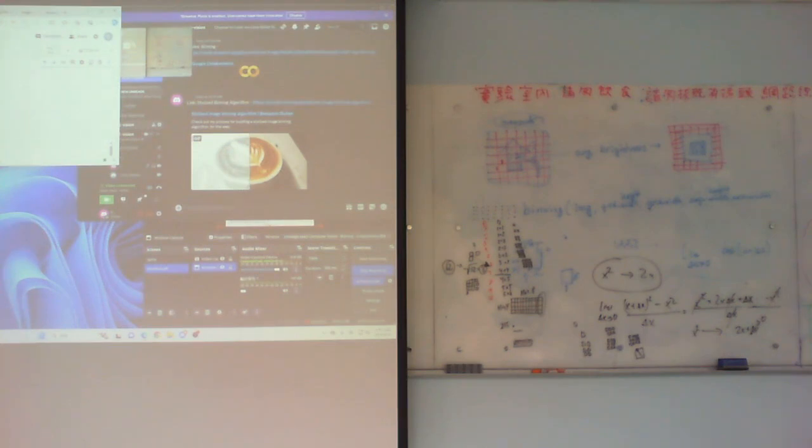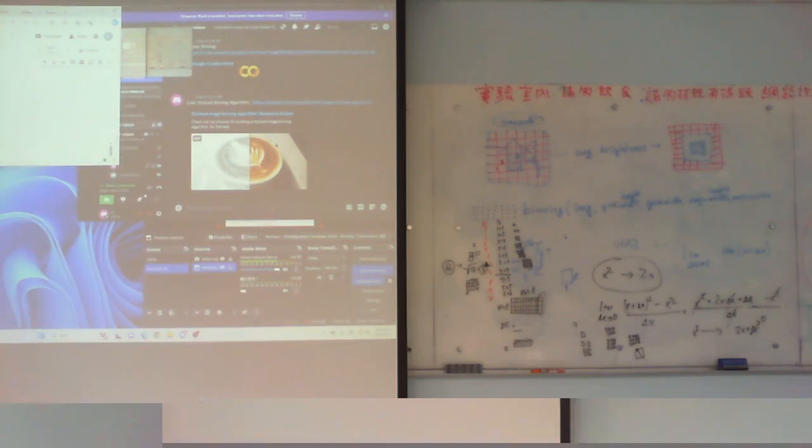So we create an axis object, and then we show our output image.